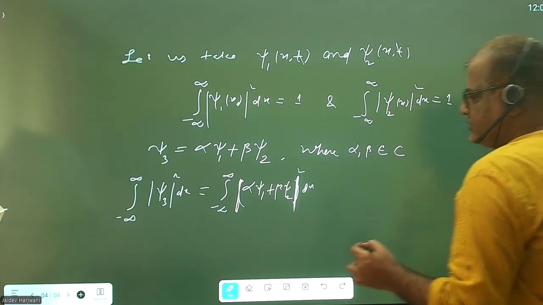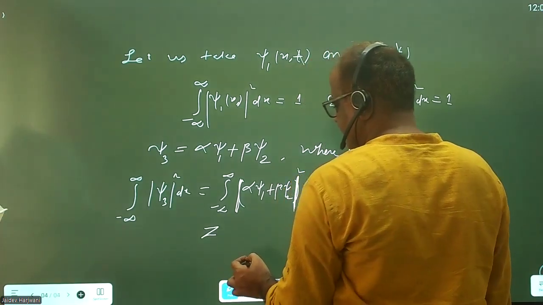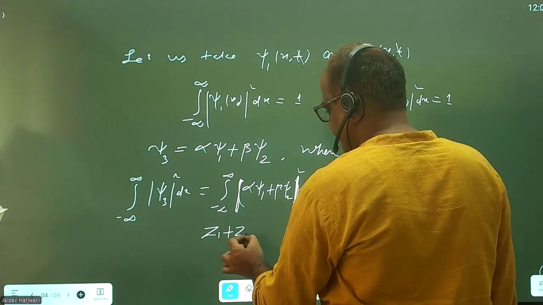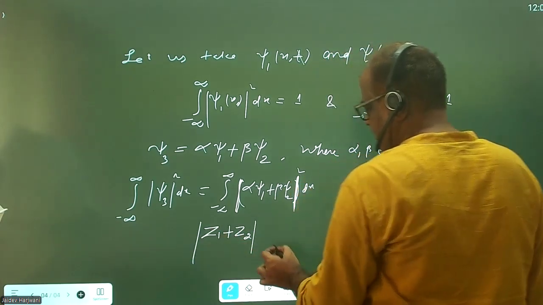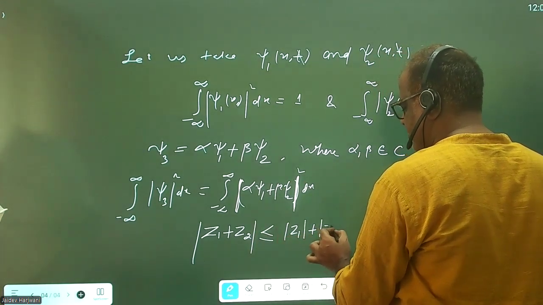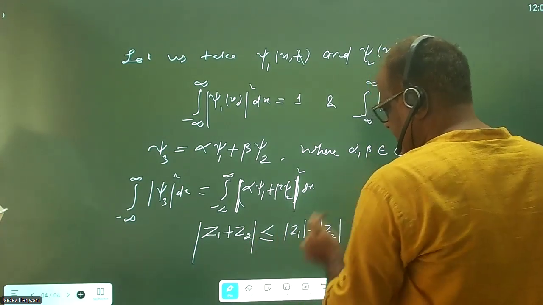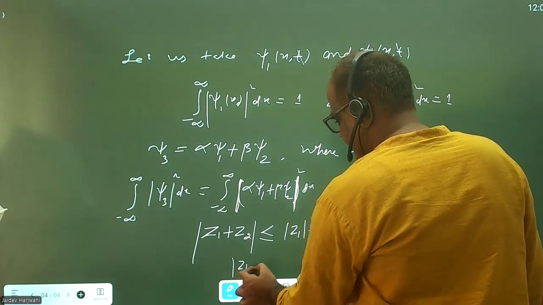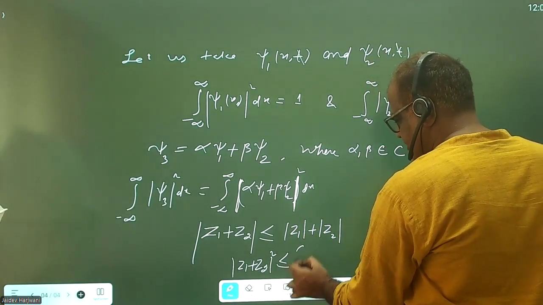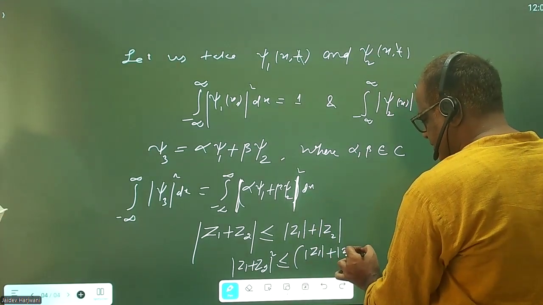Now I can use a complex number relation called the triangle inequality, that says mod of z1 plus z2 is always less than or equal to mod of z1 plus mod of z2. If I take the square also, that is also true. That means mod of z1 plus z2 square will be less than or equal to mod of z1 plus mod of z2 square.